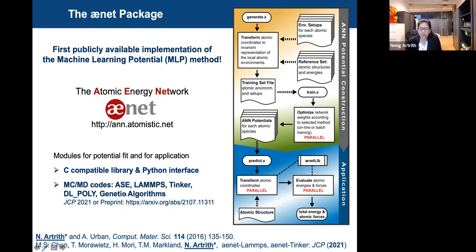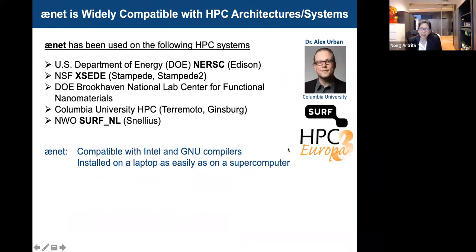For example, we have already implemented it together with ASE, LAMMPS, Tinker, DL_POLY. You can also look it up, we just published it in JCP this year. So ANET is widely used on many different types of high performance computing architectures and systems.